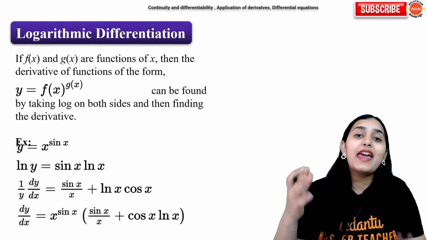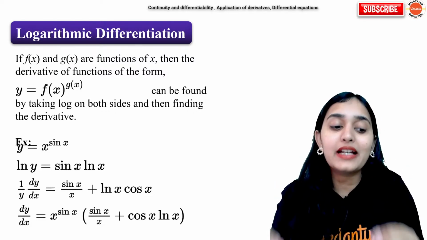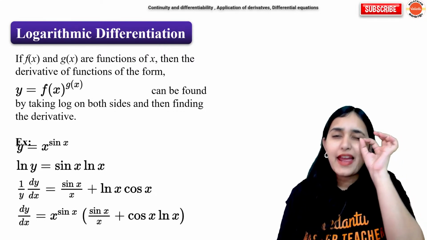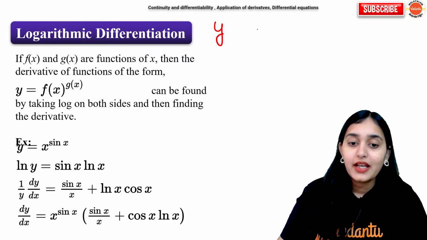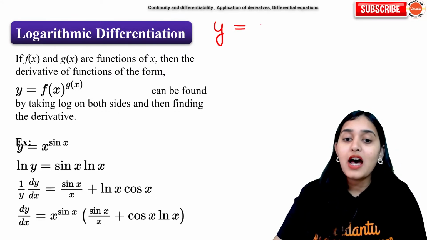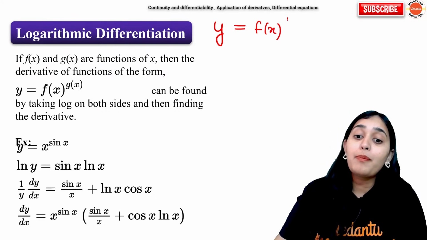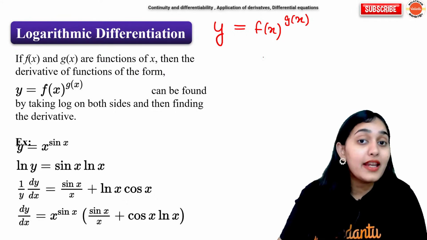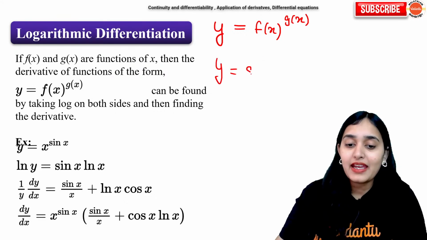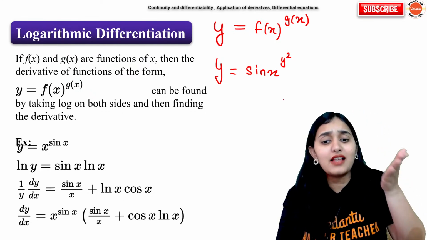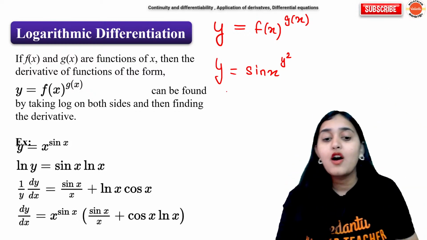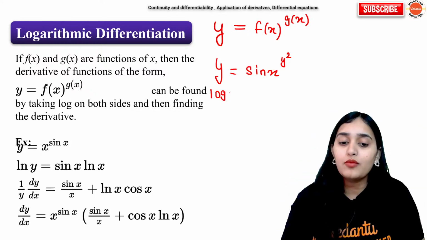Now, where do we use logarithmic differentiation? Whenever you see that your y has a function to the power of another function. For example, if y is sin x to the power y square, how will you differentiate it? For this, you apply log on both sides.